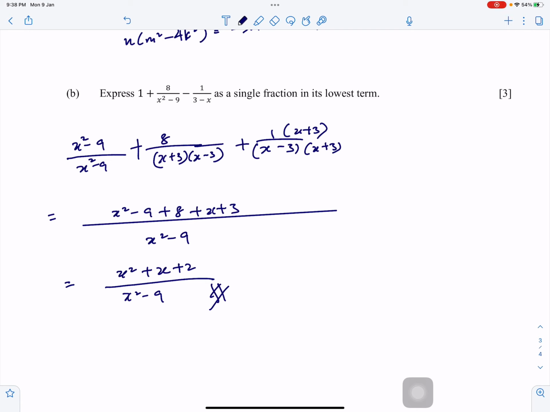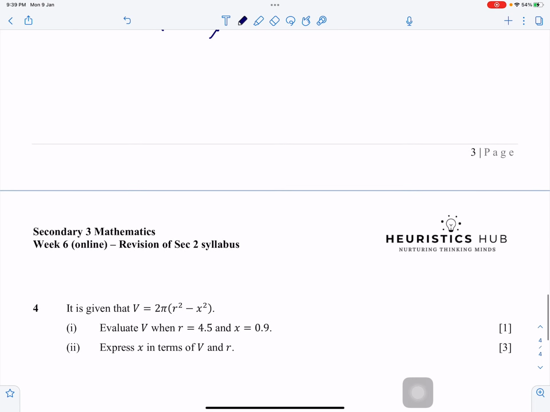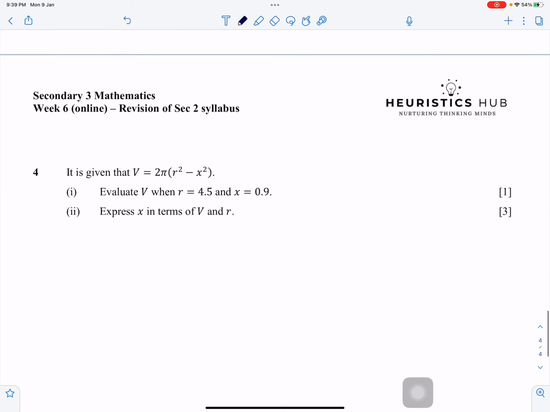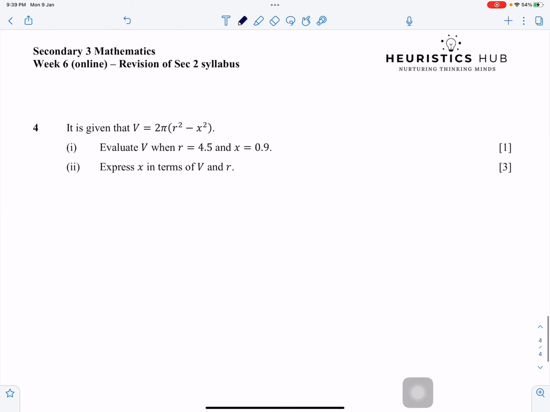Okay, let's move on to number 4. Number 4 itself, it is given that v equals this.